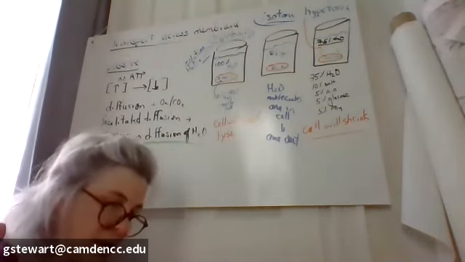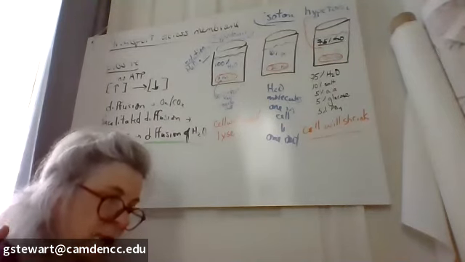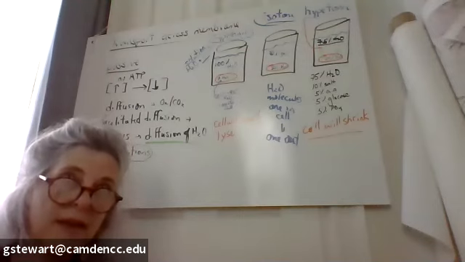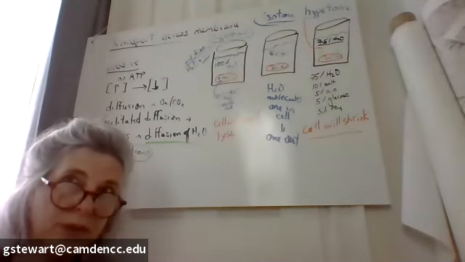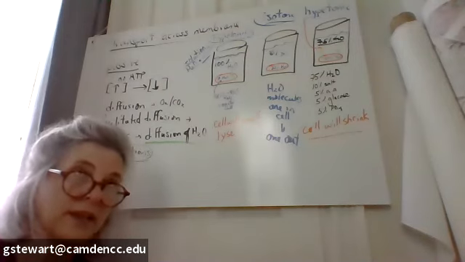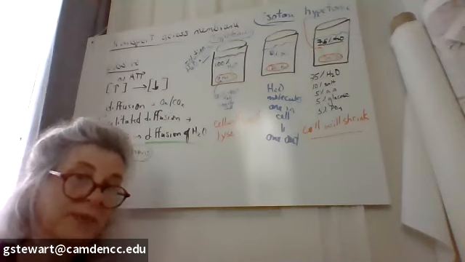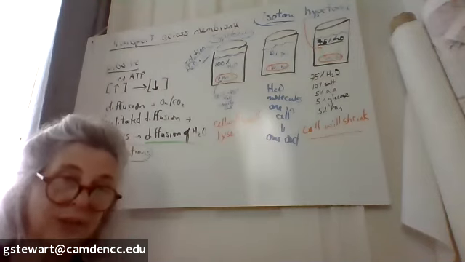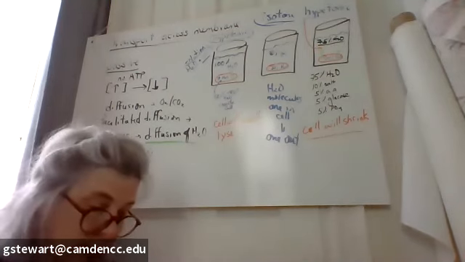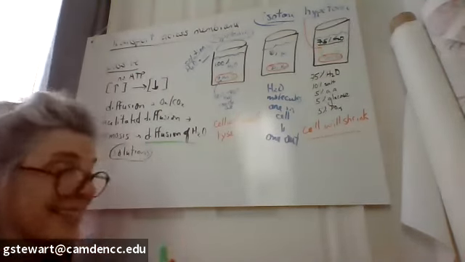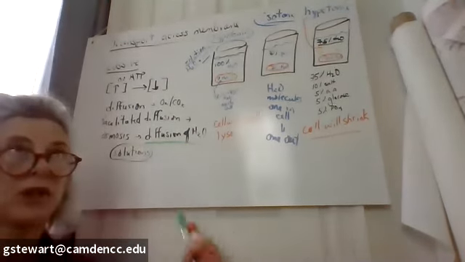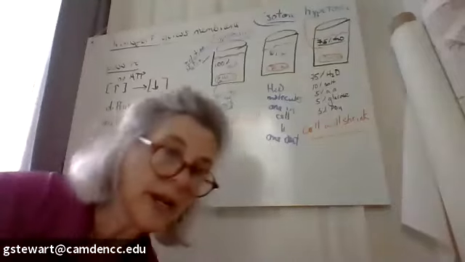And then also endocytosis, which has subcategories of pinocytosis, phagocytosis, receptor-mediated endocytosis, and then exocytosis. And all of those are active transport. They all require ATP because you're going against the concentration gradient. You're moving molecules from a low concentration to where there's already a higher concentration.